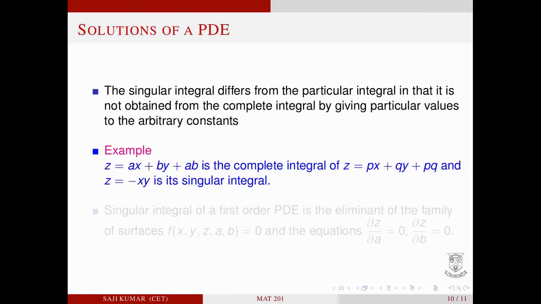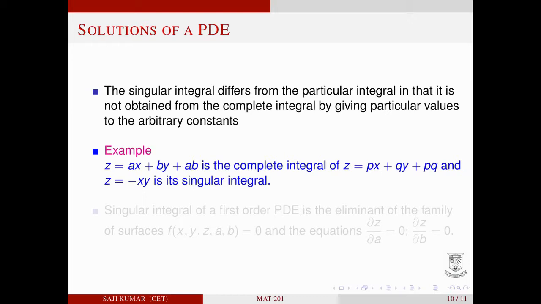For this differential equation z = px + qy + pq, there exists another type of solution called the singular integral. Here the singular integral is z = -xy, and note that this solution is not obtained from the complete integral by substituting specific values for the arbitrary constants, or from the general solution by specifying some arbitrary function.